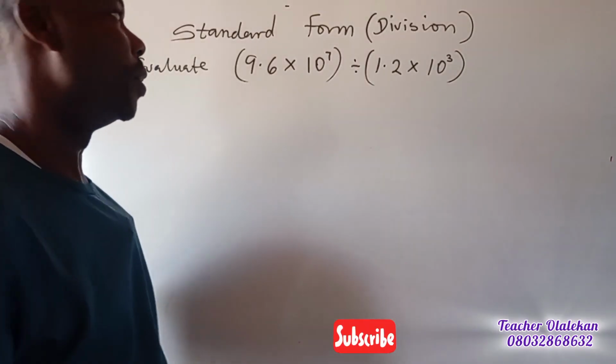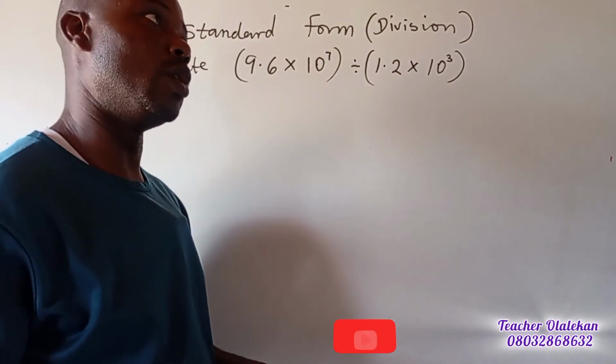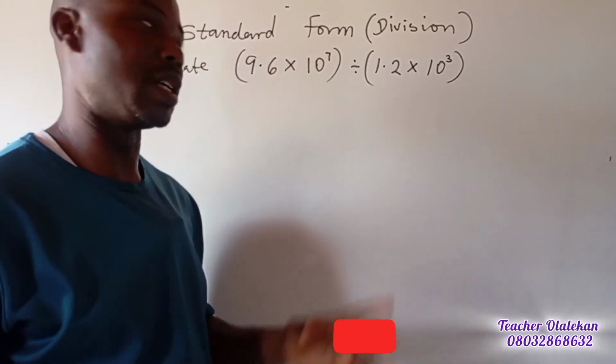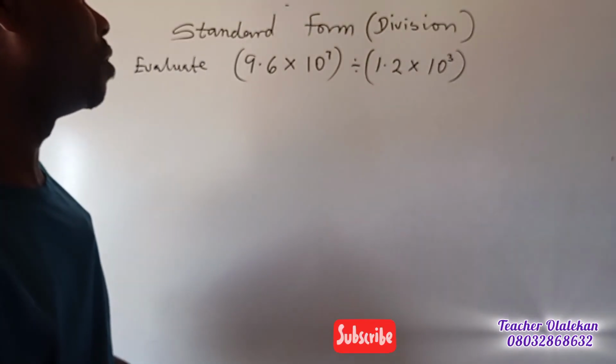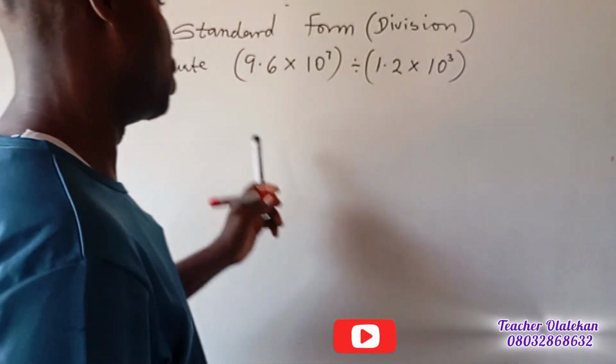In this video, we'll be doing division involving standard forms. In case you do not know how to do multiplication, you can watch my previous video or my all-in-one videos that have everything on standard form. To divide standard form, you follow the same basic rule we followed under multiplication.